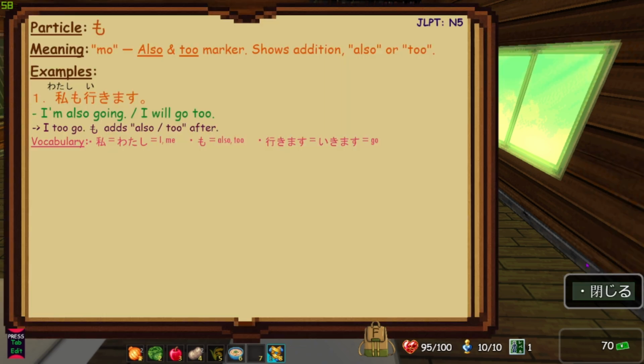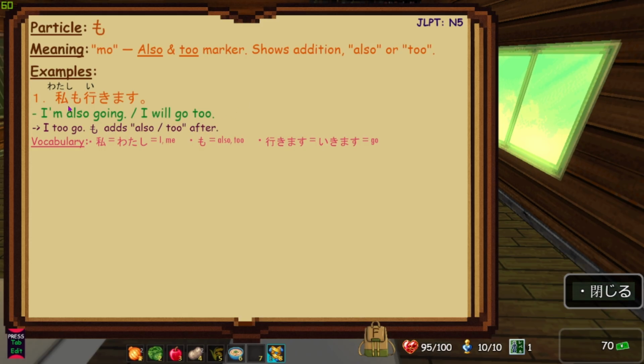We have mo. Also, and excuse me. Yeah, okay, let's do the mo. So mo also and to marker shows addition, also or too. Example is watashi mo ikimasu. I'm also going, or I will go too.